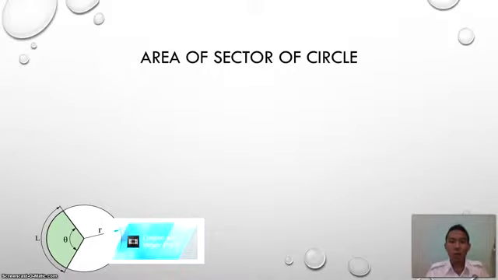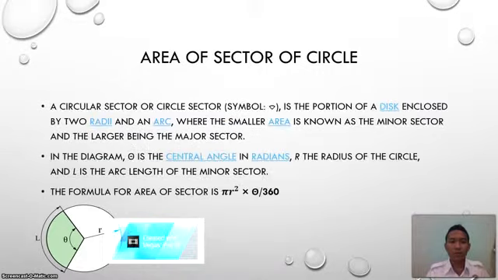So what is area of sector of circle? It is a circular sector or circle sector, symbol which you can see in that slide. It is the portion of a disc enclosed by two radii and an arc, where the smaller area is known as the minor sector and the larger being the major sector.